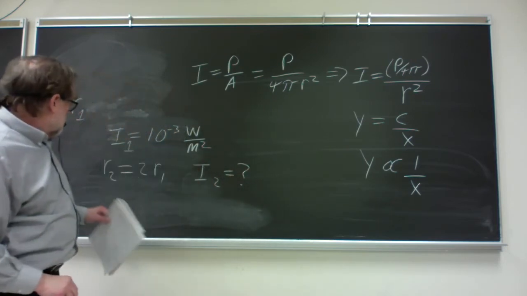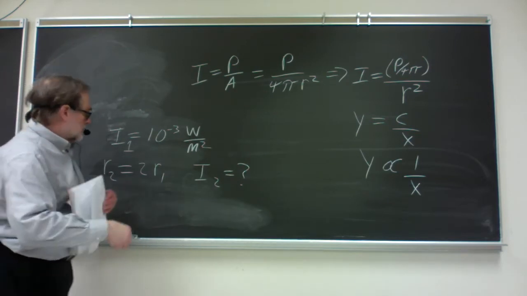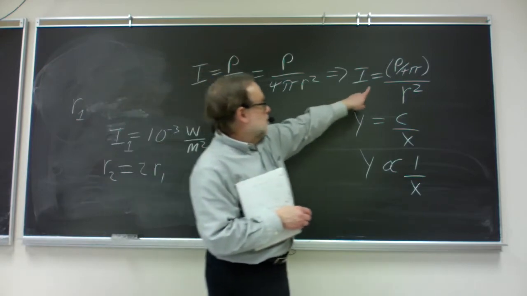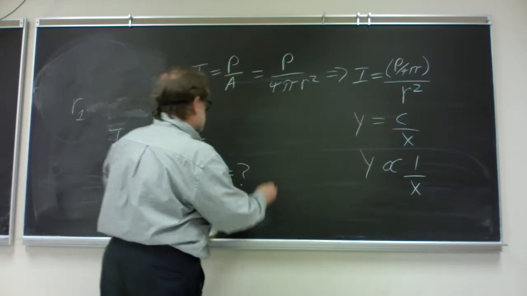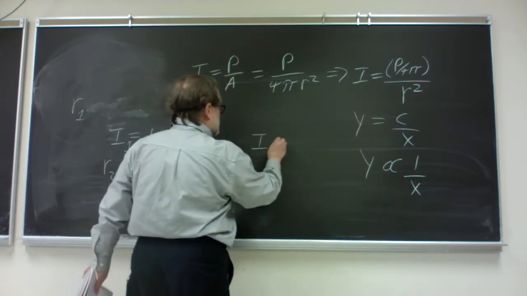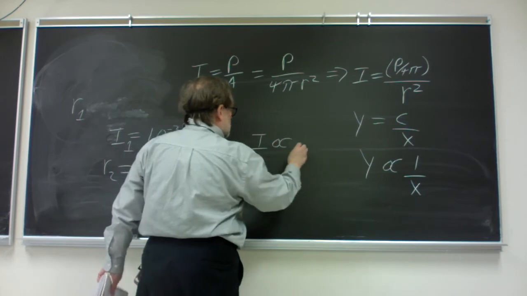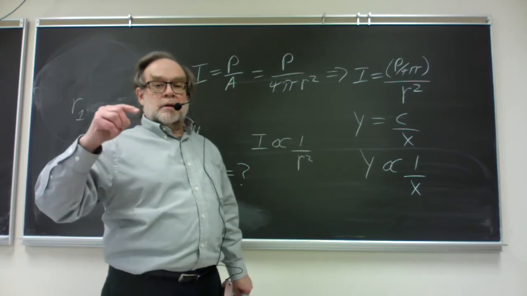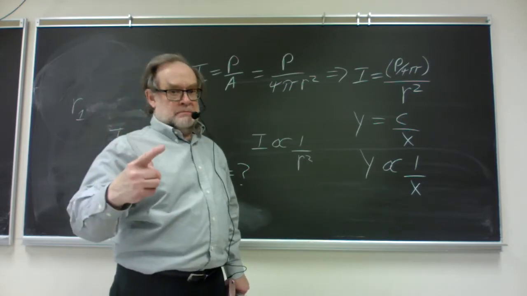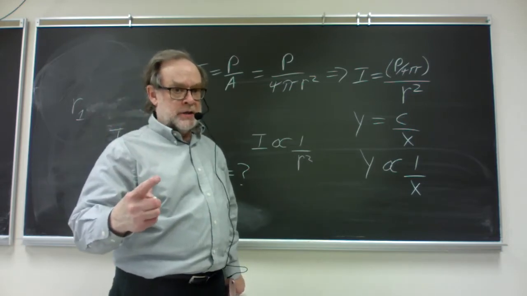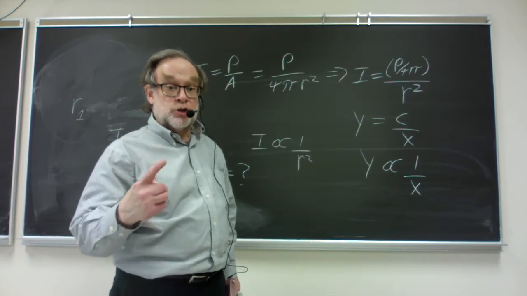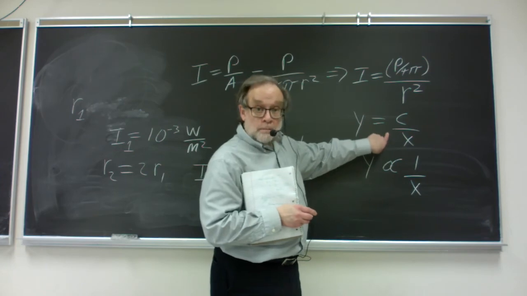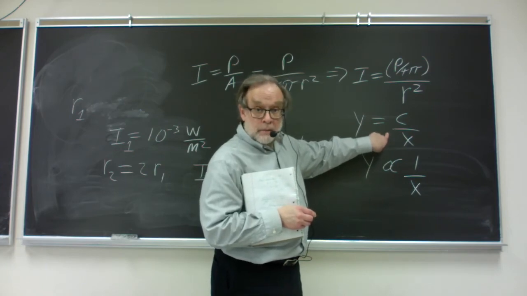So we know that because we have this relationship here, intensity is inversely proportional to r squared. Repeat this again, it is not inversely proportional to r, it is inversely proportional to r squared, because here's the form for inverse proportionality.